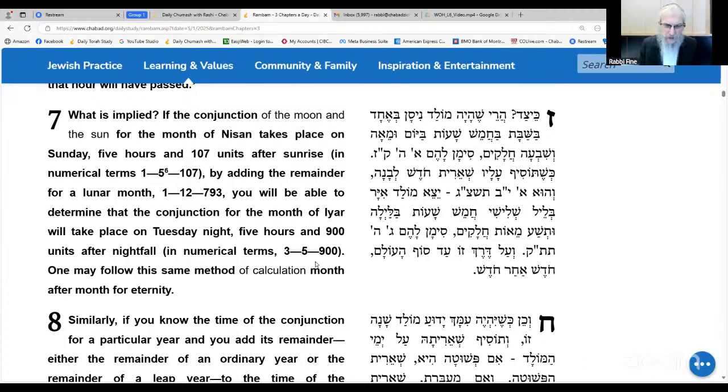By adding the remainder of a lunar month, 112, 796, you'll be able to determine the conjunction for the month of Iyar, which would take place Tuesday night, right? Why Tuesday night? Because in Nisan, it took place Sunday morning, but now you're adding 17 hours.